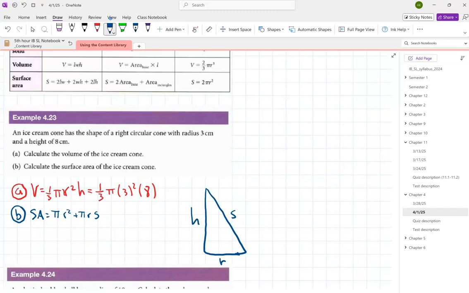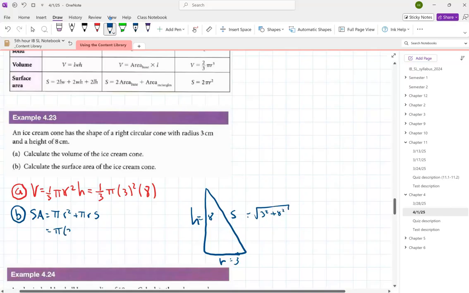So s is going to be the square root of 3 squared plus 8 squared. And that's 73, since 9 plus 64 is 73.